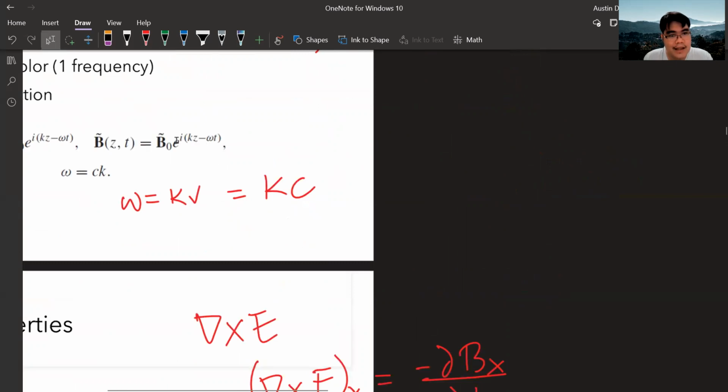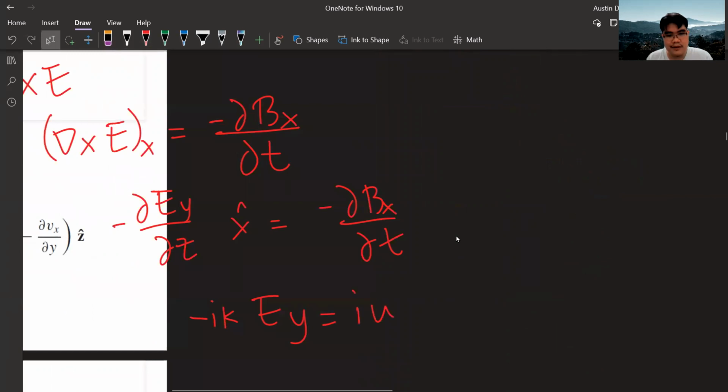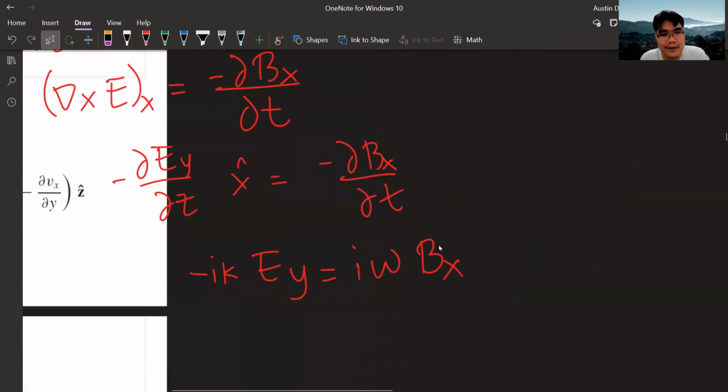Ang bababa would be negative i omega. So, magiging plus to Bx. So, you have this equation. Tama ba?